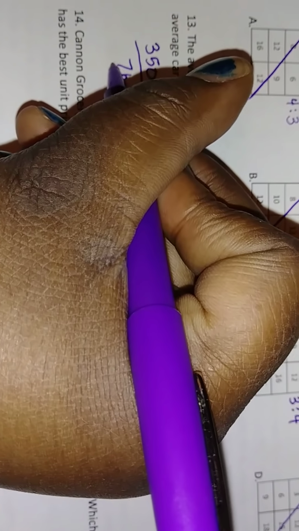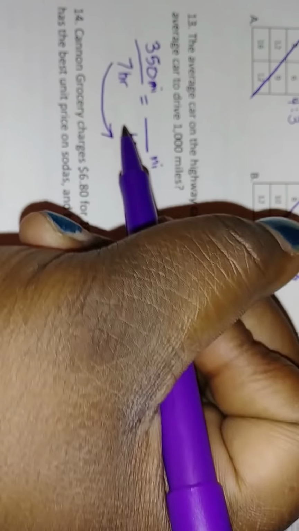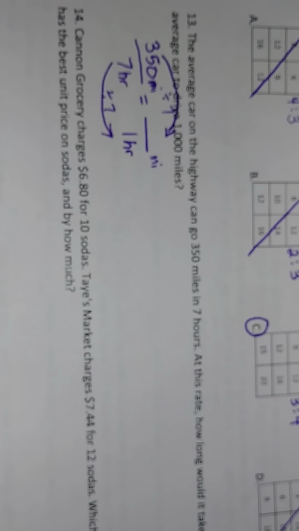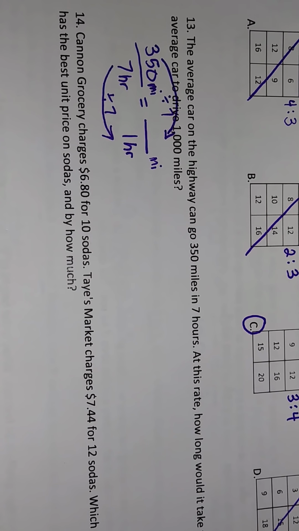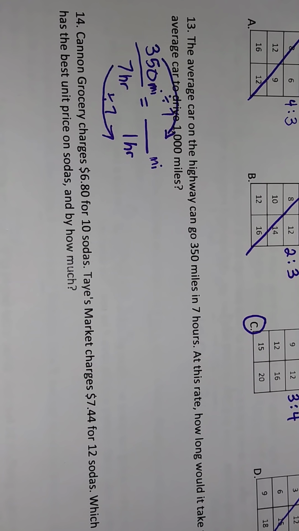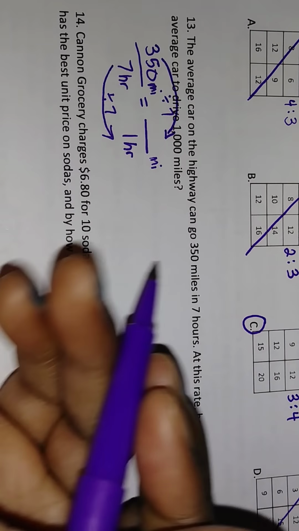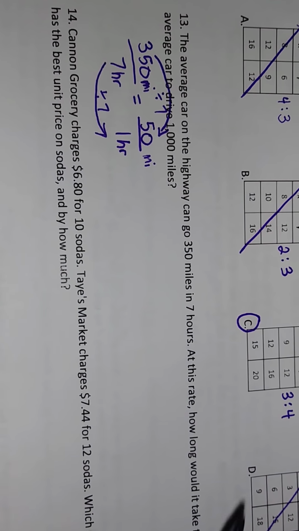So I'm going from 7 down to 1 by dividing by 7. So that means in my numerator, I also divide by 7. My 350 divided by 7, pop that into your calculators, people. That should give you 50. So that means I'm going 50 miles to 1 hour.